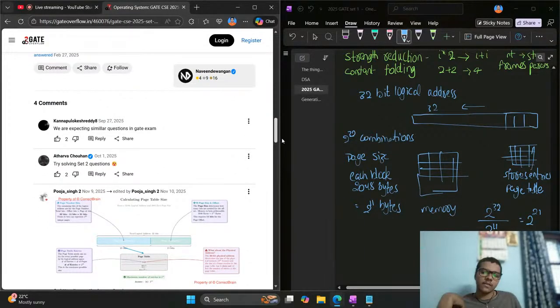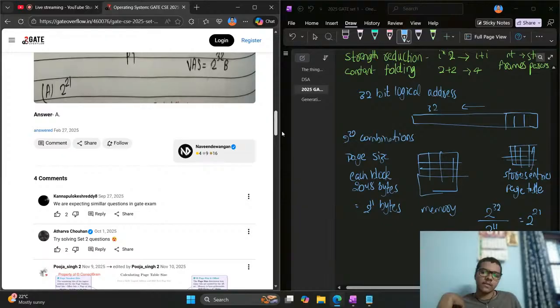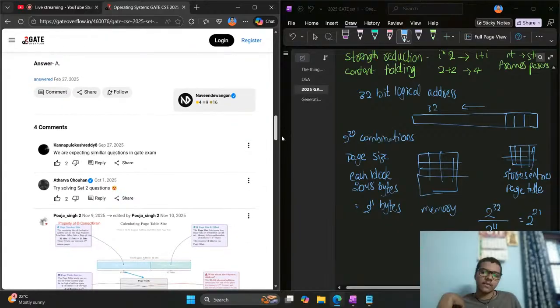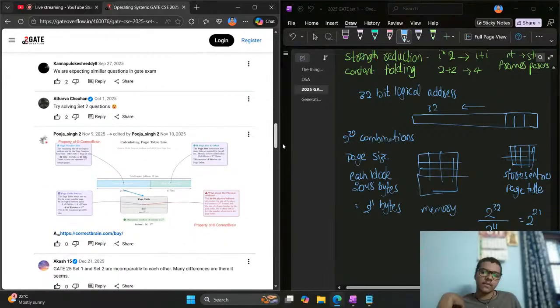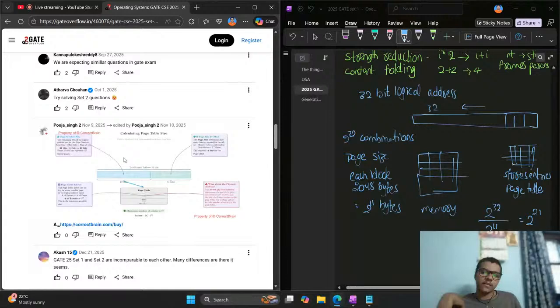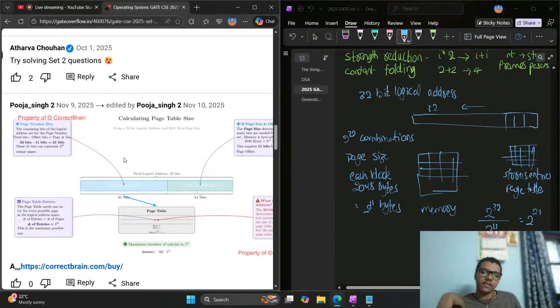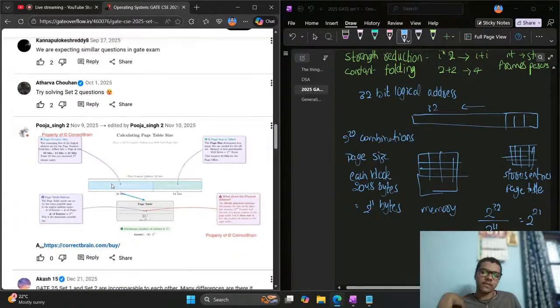We are expecting the page number. Page offset. How did you calculate the offset?